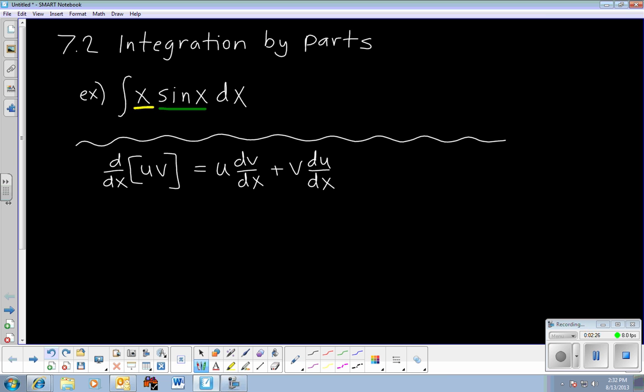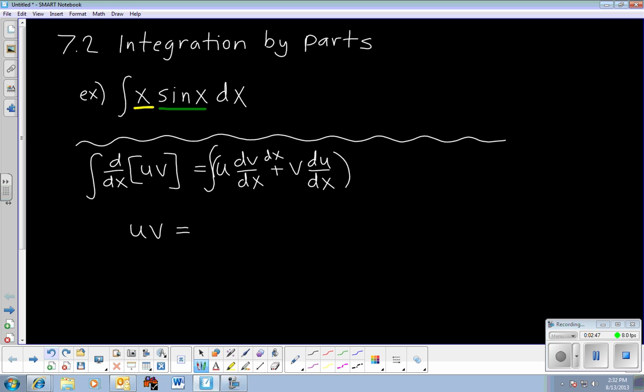If you were to go and integrate both sides of this equation, the integral of the derivative on the left is just going to be uv. They just kind of cancel each other out. And on this side, we have the integral of u, and I'm going to integrate, by the way, with respect to x.